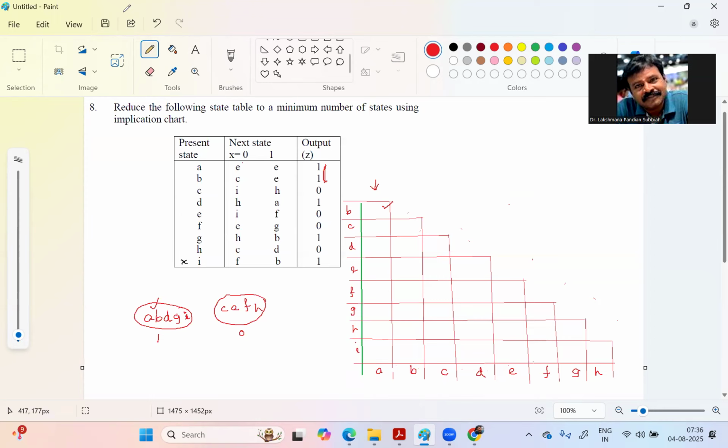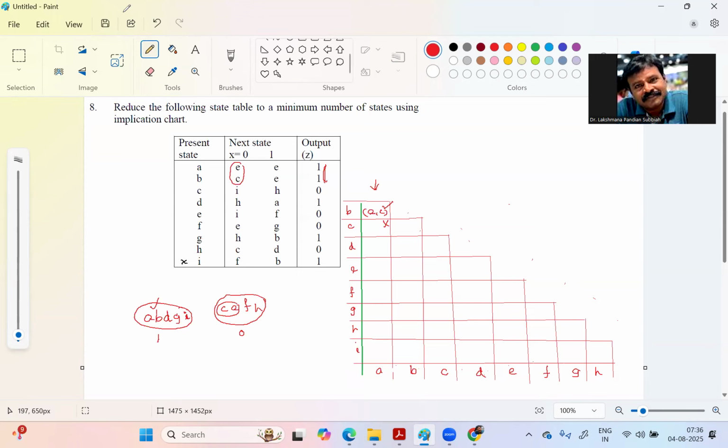Then you check the transition EC. EC is in the same zero group, so EC can be a pair. Next AC: AC is a different group, so we cannot make it a pair.